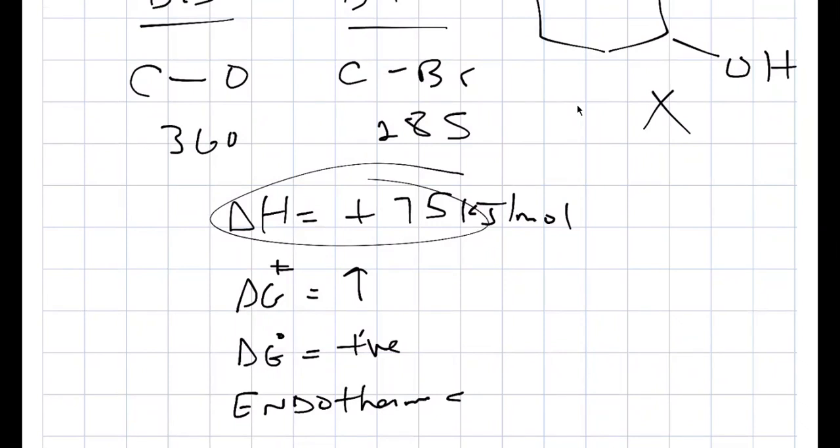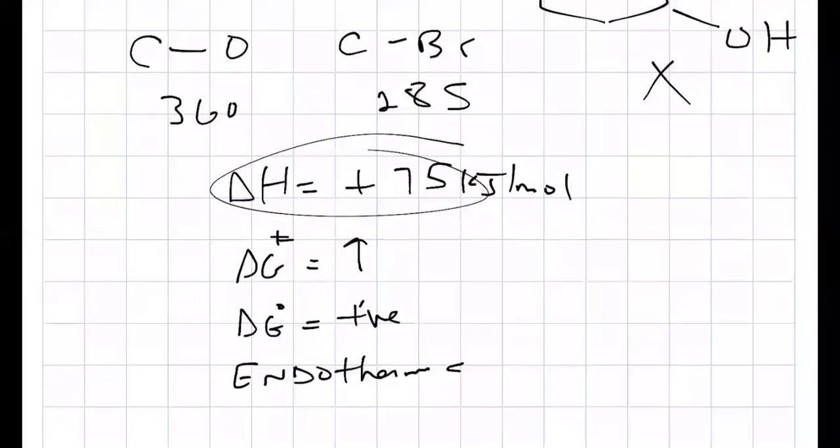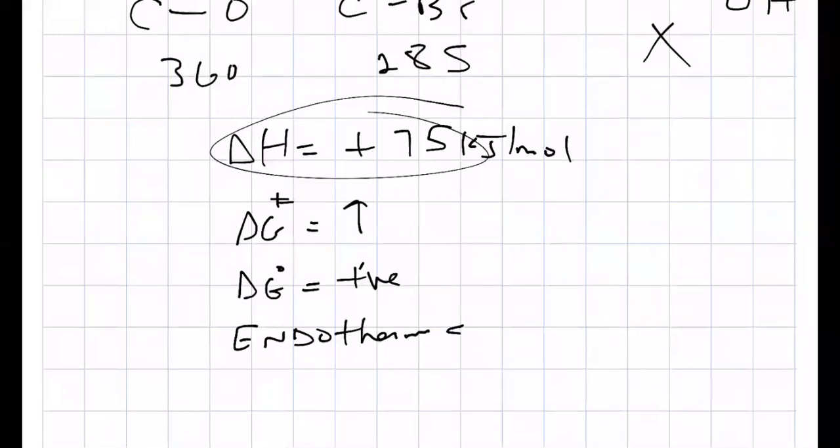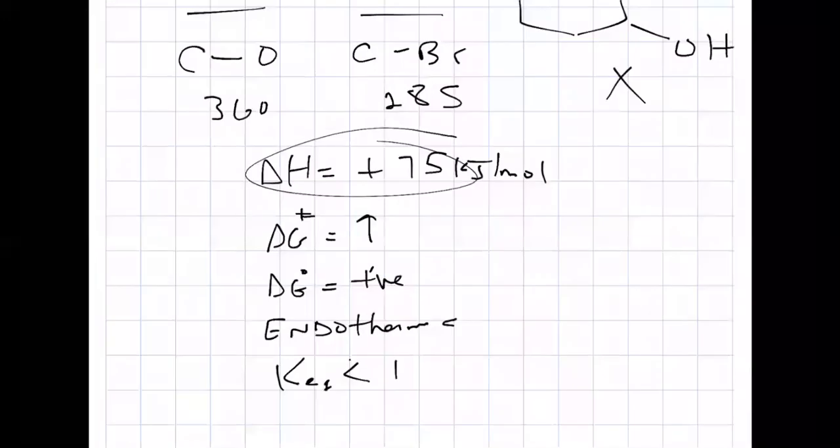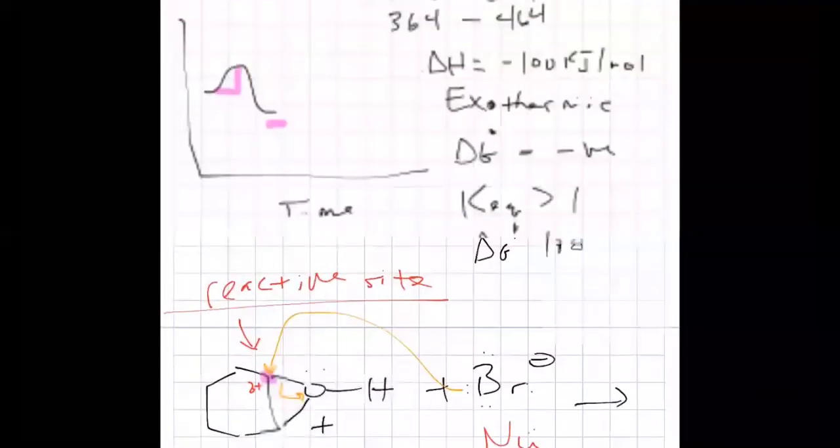And what about the Keq? It's less than 1. Less than 1 means the reactants are favored. It'll be a slow reaction. Slow, high activation energy. So let's go back up to the chart, the energy diagram.